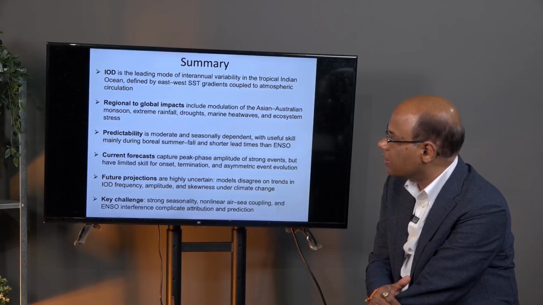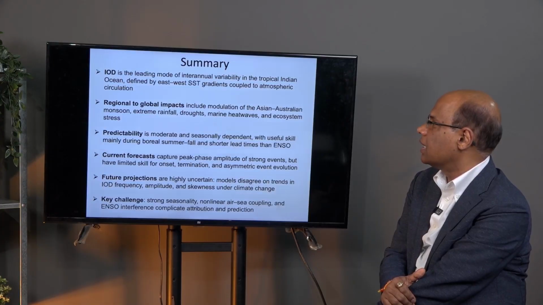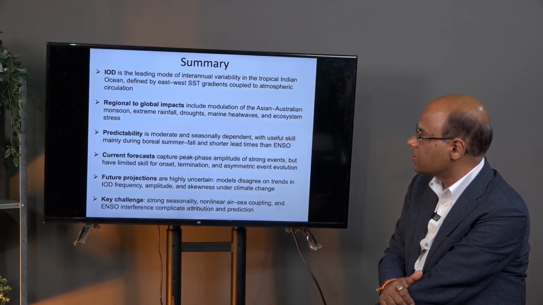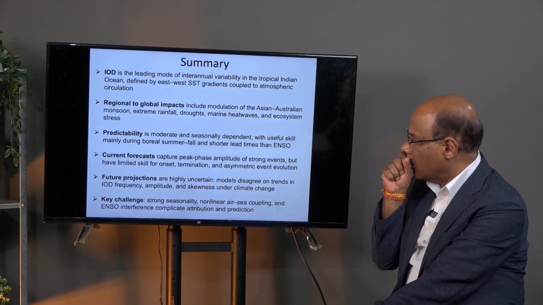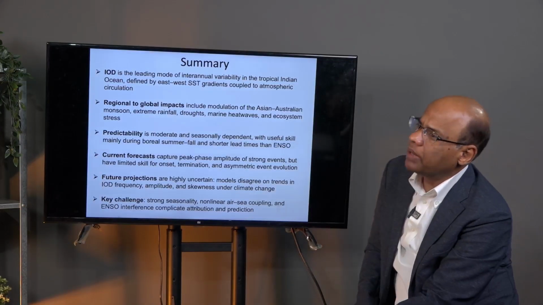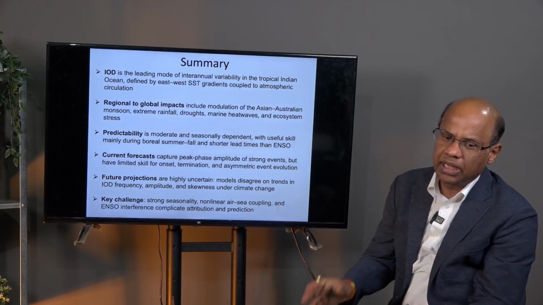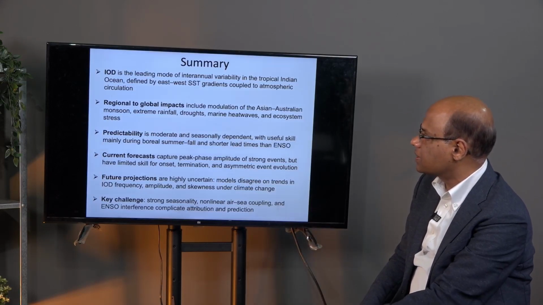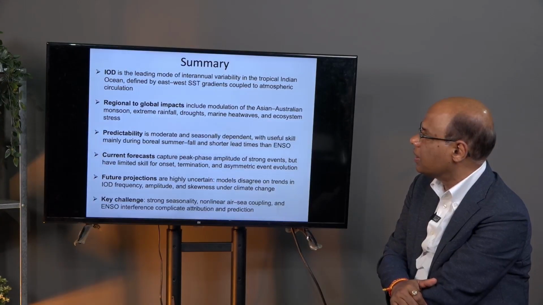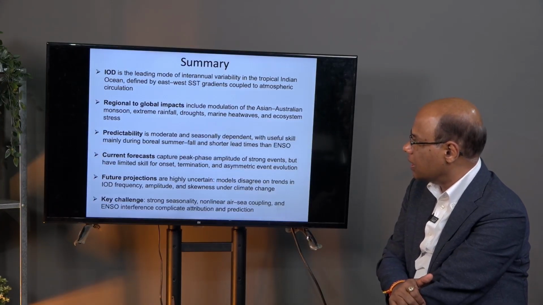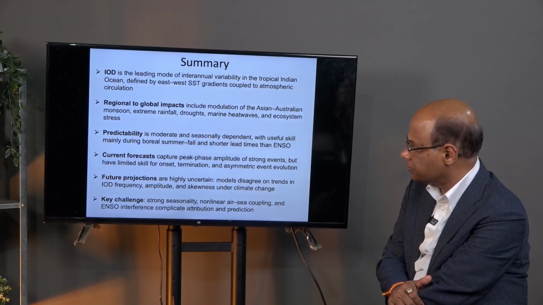The statistical models are now improving that skill to longer lead times, taking it to 6 to 7 months lead time. And I hope by combining the dynamical predictions with these kinds of statistical predictions, we will be able to improve the predictability of IOD and make it comparable to ENSO.